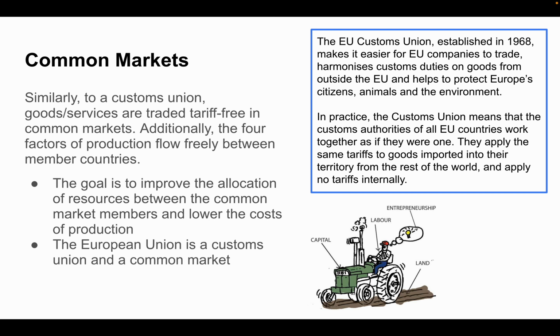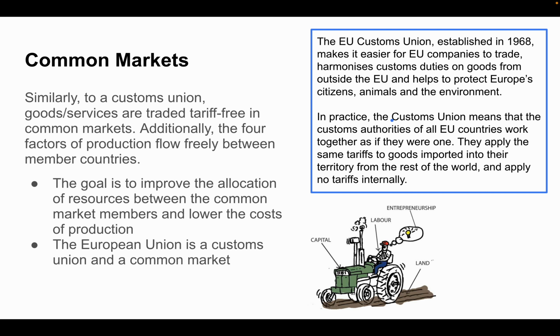Again, the EU is a customs union and a common market. So, for example, if a person that is a citizen of the EU lives in Italy and works there but wants to move to France, he can do so without many documents and whatnot.